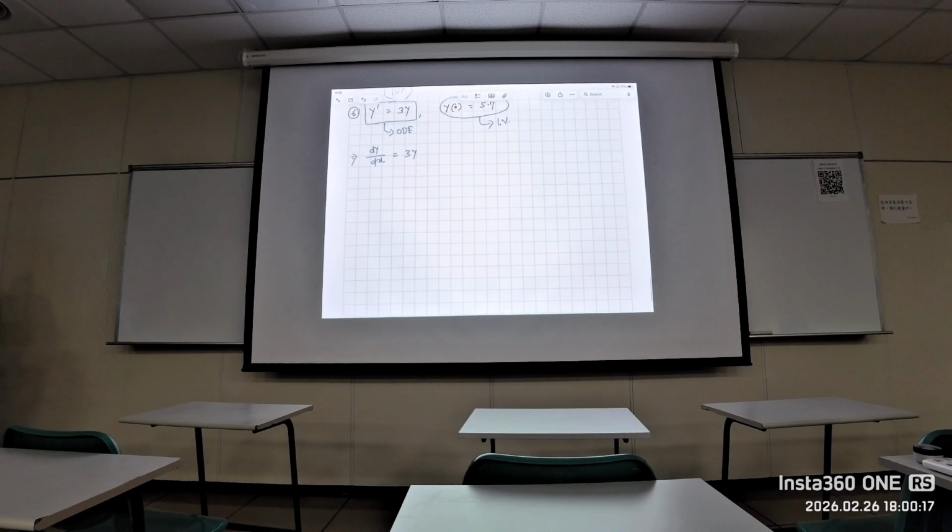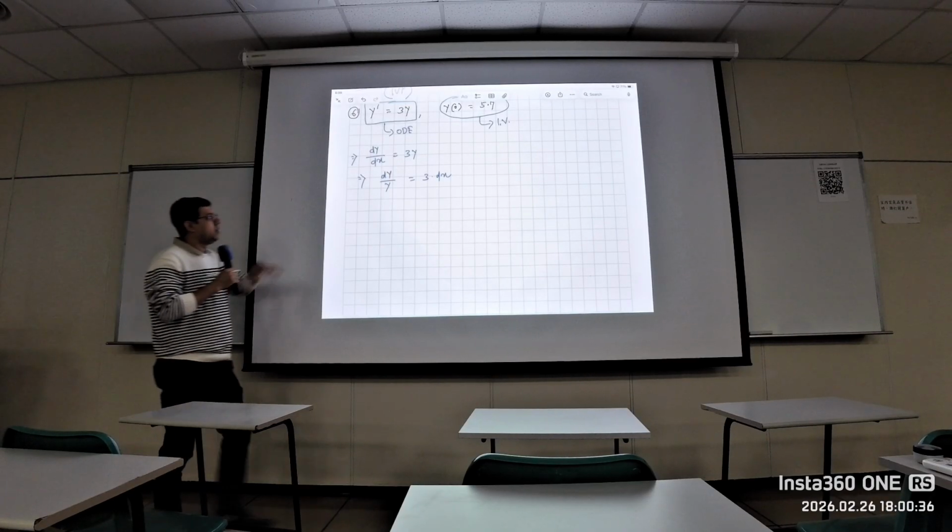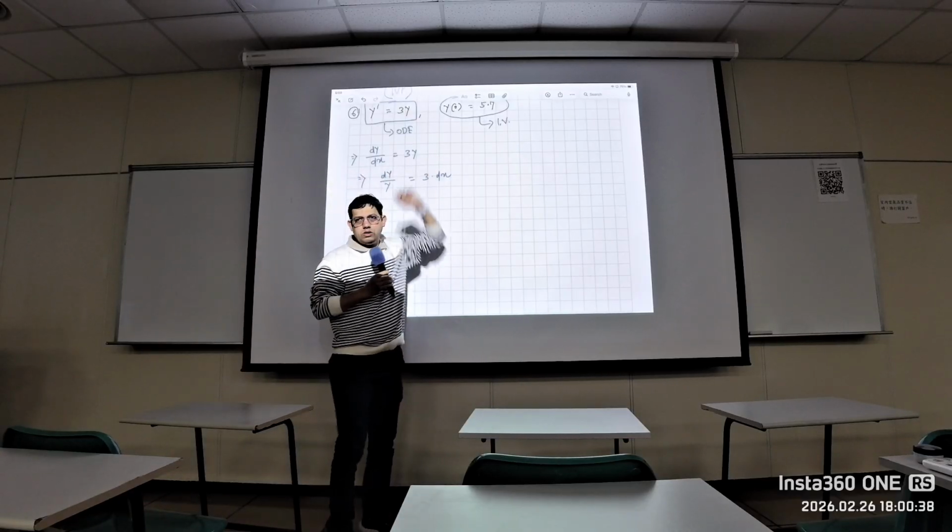Then dy by y is equal to 3 dx. I bring the y to the left and take the dx to the right.